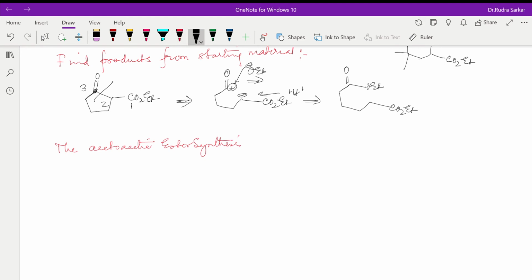Okay, so what do we prepare over here? Now, a useful method to convert alkyl halides into methyl ketones.